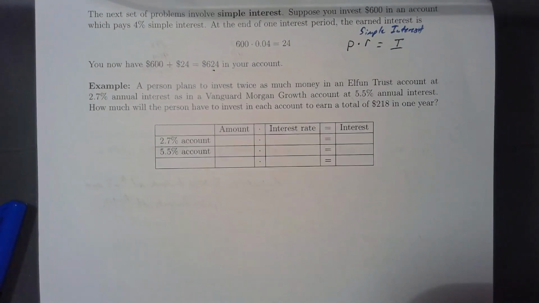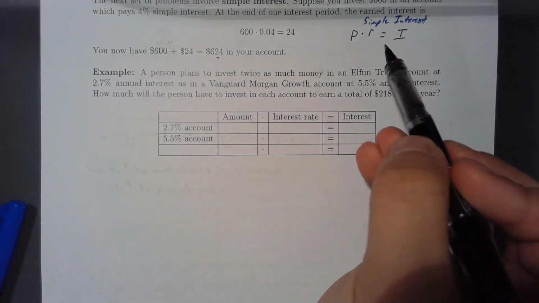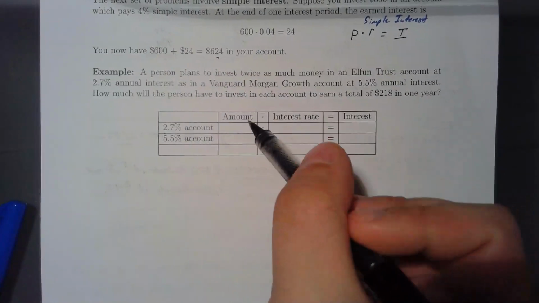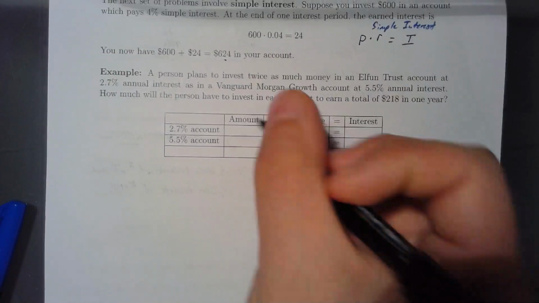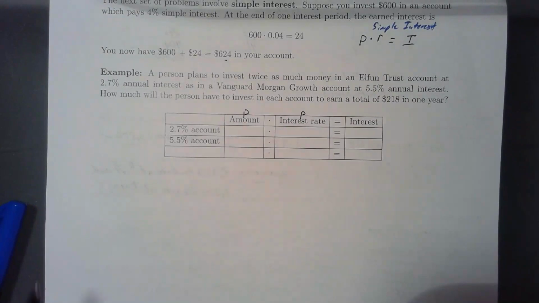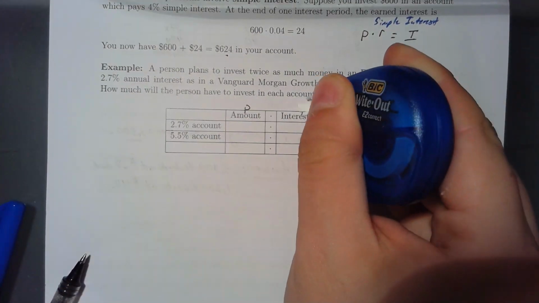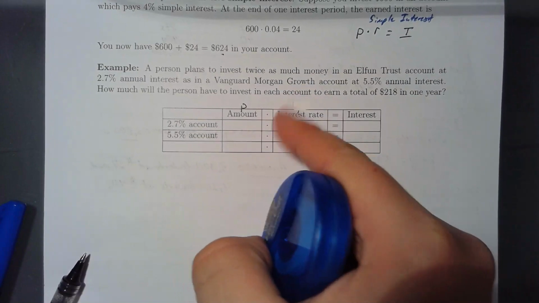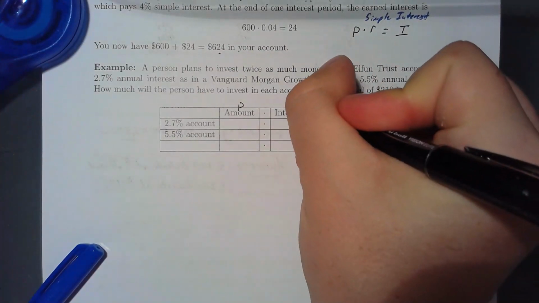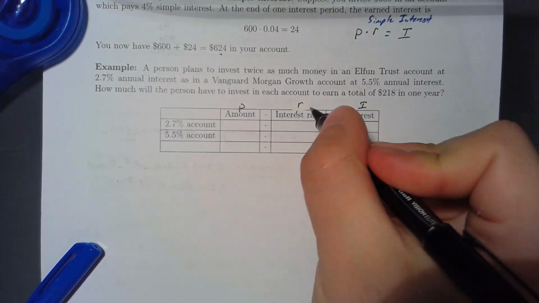Okay, so in this example, this formula takes structure here. The amount, that's the principal. Interest rate, that's R. And interest is I. So principal times rate equals interest.